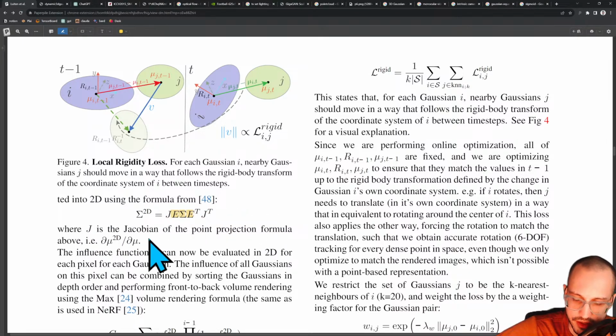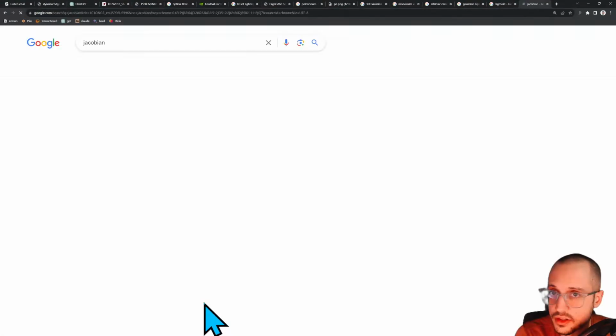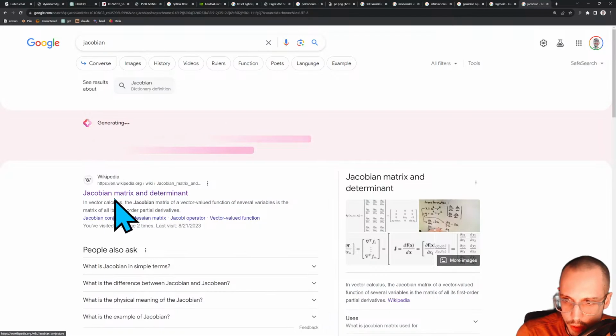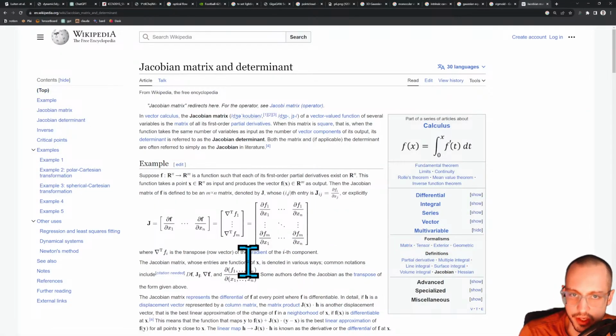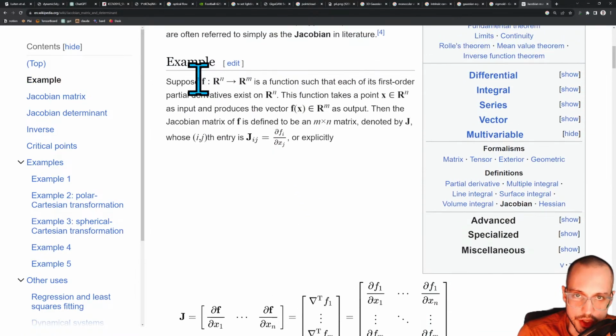The Jacobian, it's hard to describe Jacobians, but it's basically the partial derivatives for a linear mapping. Let me see if I can get a better description of that. The Jacobian matrix. Here you go. So let's say you had some function f that mapped from n to m, right?